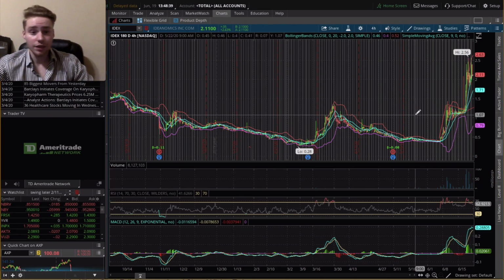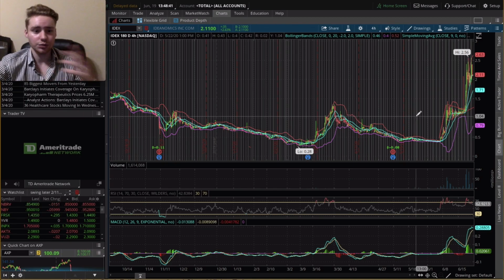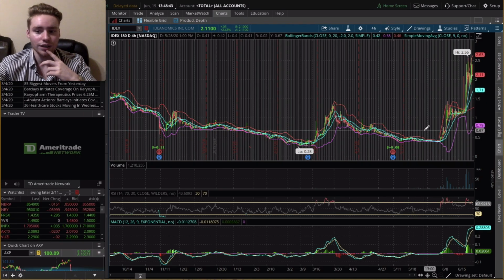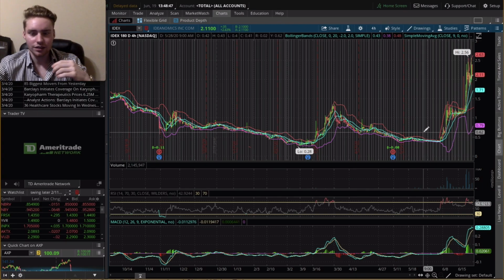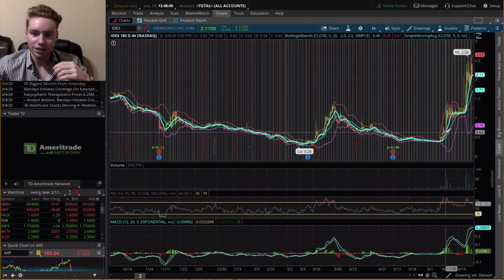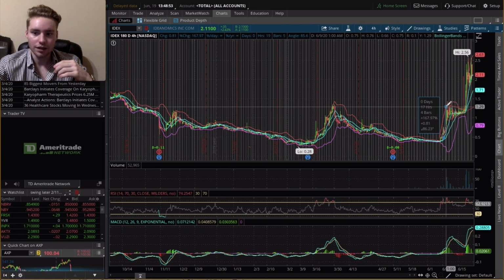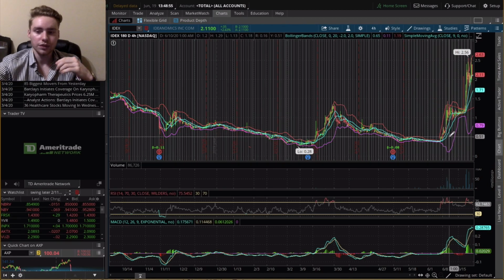So that's one. The second way to tell the difference between a pennant and a symmetrical triangle is by the first move up, when it's going into the pennant. As you can see here, this is an extremely sharp move up, a very vertical move.